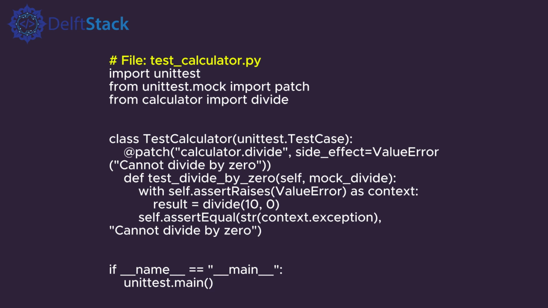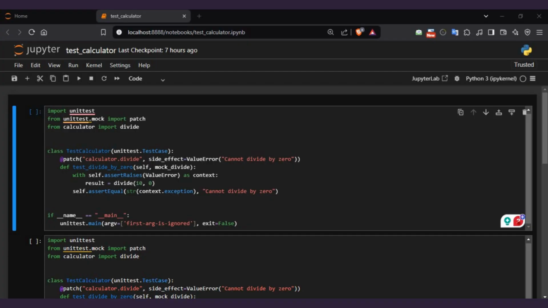The @patch decorator replaces divide with a mock function that raises a ValueError. This allows us to test how our code handles division by 0 without actually running the divide function.